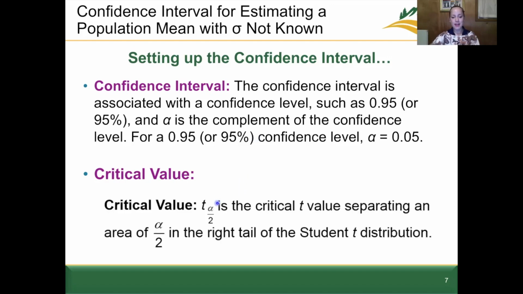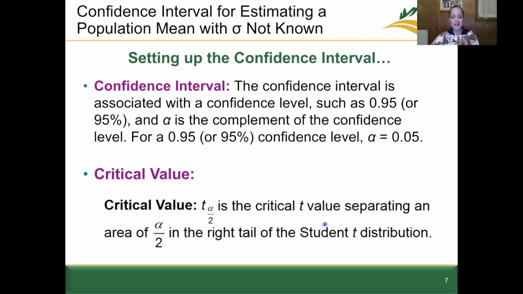So the critical value t subscript alpha over 2 is the critical t value separating an area again of alpha over 2 in the right tail of the student t distribution. This very closely mirrors 7.1, but instead of dealing with a standard normal distribution and finding a z-score that corresponds to an area of alpha over 2, here in 7.2, we have a distribution that's called a student t distribution.